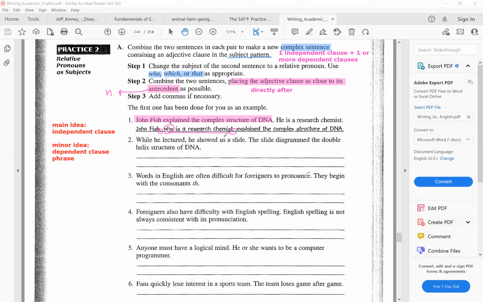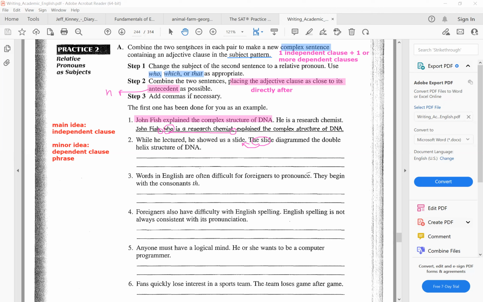So for number 2, while he lectured, he showed us a slide. The slide diagrammed the double helix structure of DNA. So we know the slide is modifying a slide from before. And the main idea is he showed us a slide.